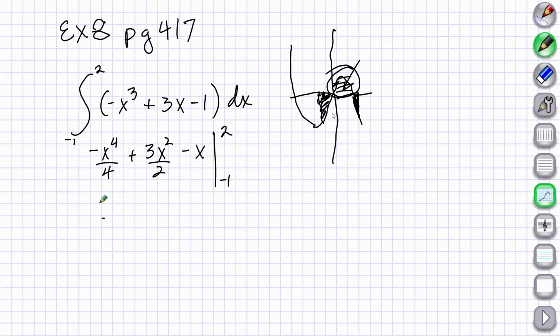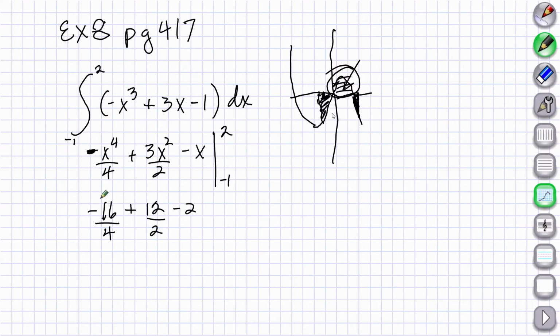Okay, so this would be negative 2 to the fourth. See, the negative is on the outside, so this would still be negative. 2 to the fourth is 16, but it's still going to be negative 16 over 4, plus 2 squared is 4, 4 times 3 is 12 halves, minus 2. Are we good on that?